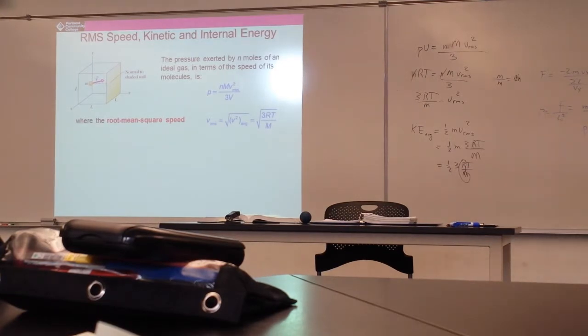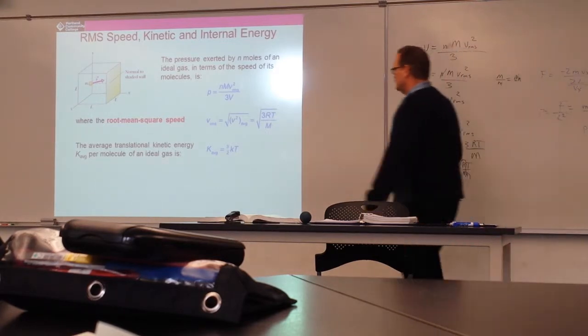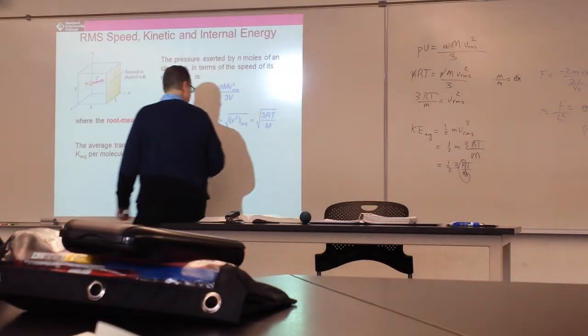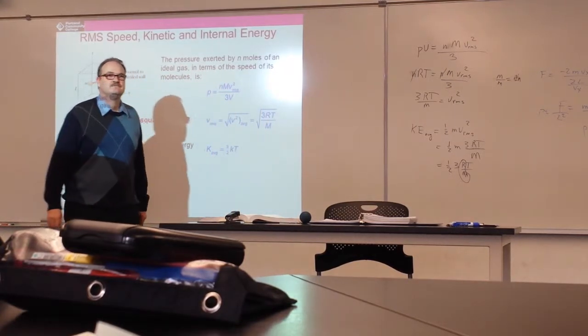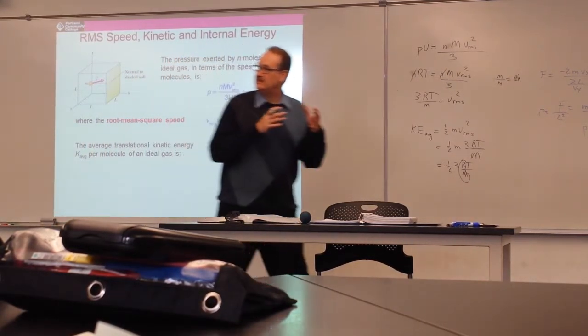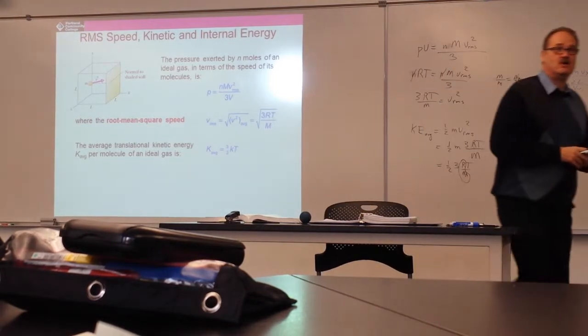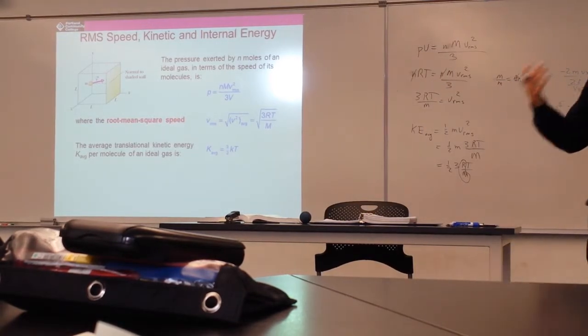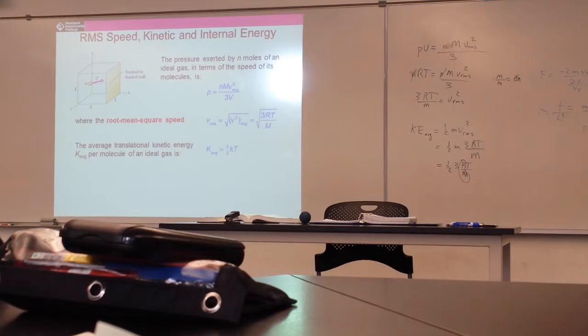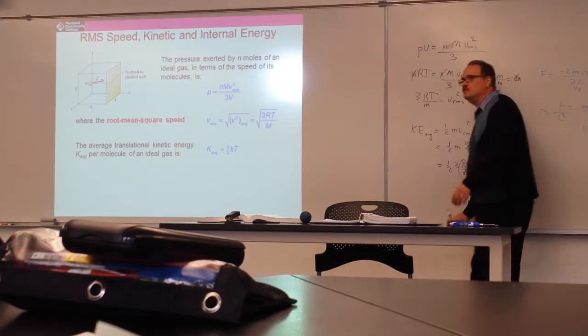So that tells me that the average kinetic energy in a gas is 3/2 of Boltzmann's constant times T. So now I've connected the average kinetic energy of all those molecules flying around with the temperature. Okay, that's cool.